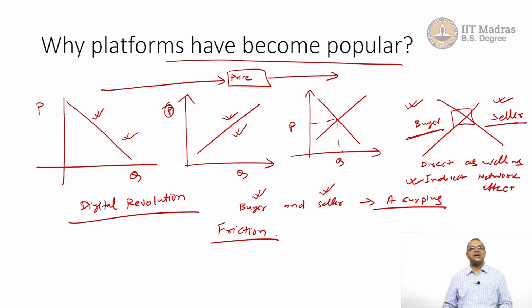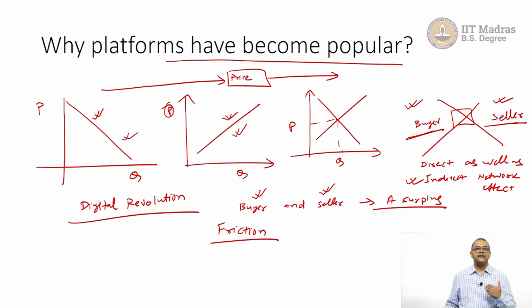So there has to be a large friction, otherwise the intermediary would not be interested. Even if there is an inefficiency so that buyer and seller are not able to meet, not able to match, if by their coming together the value generated is very, very little, then the intermediary will have no incentive.